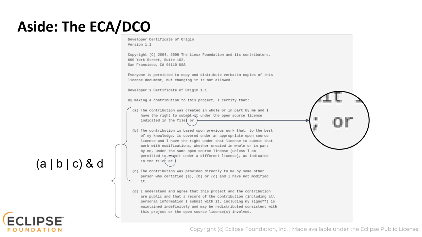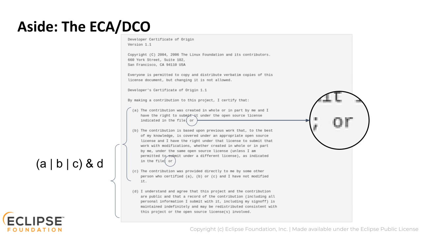The Eclipse Contributor Agreement wraps the Developer Certificate of Origin, or DCO. This is the same DCO that is used by the Linux Foundation and many others. By signing the ECA, a contributor is agreeing that all of their contributions are submitted under these terms. We sometimes get questions expressing confusion over the structure of the four terms.